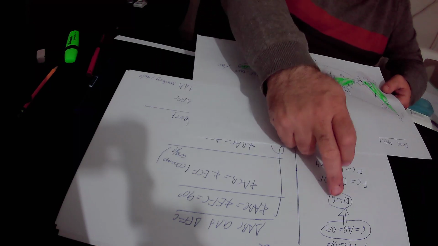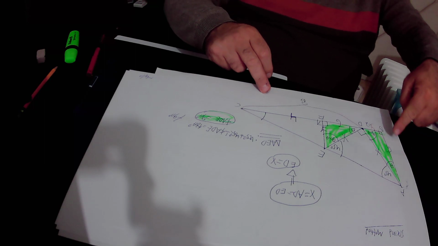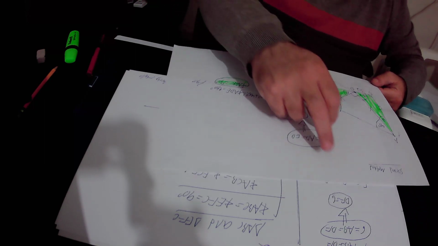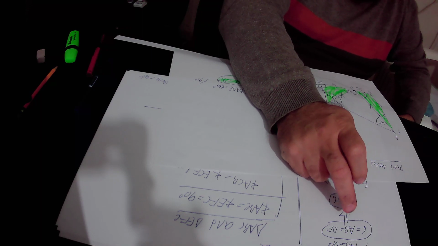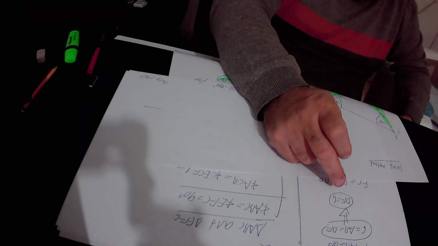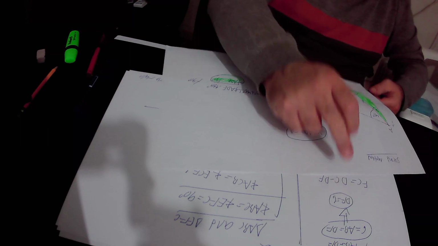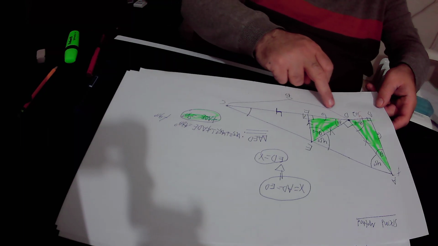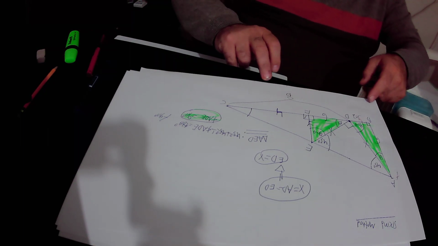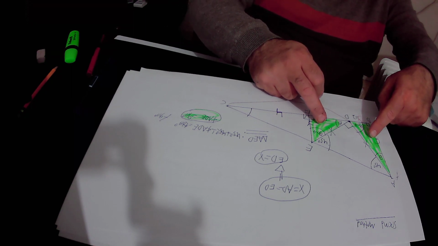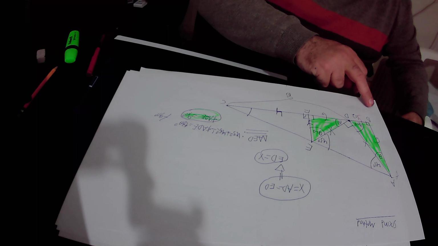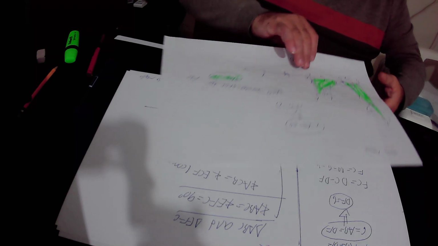So AB equals DF, but AB equals 6, it is given to us in the question. So AB equals 6, and from this equation 6 equals AB equals DF, we will derive that DF is also equal to 6 units. Likewise, because those two green triangles are congruent, we will conclude that BD equals EF.